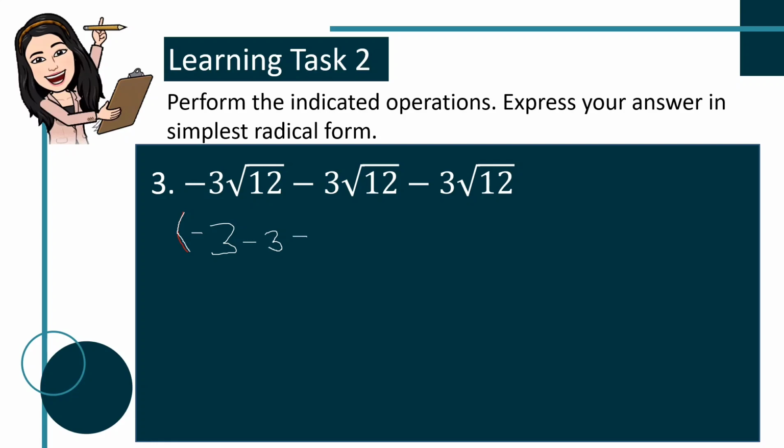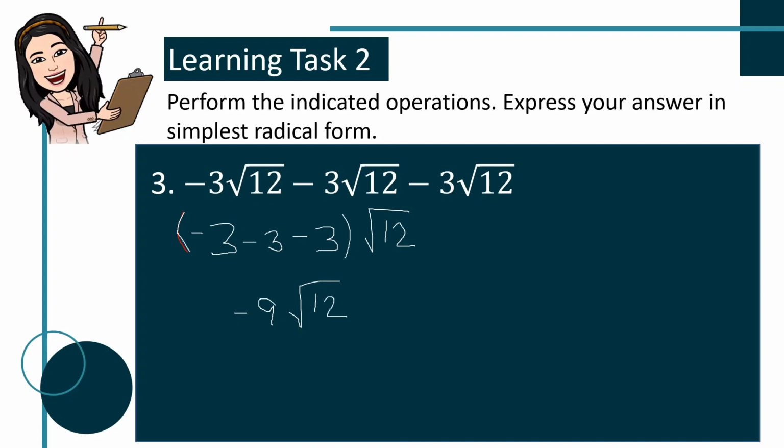Yan. So, that would be, since pare-pareho yung ating radical, kokopyahin lamang natin siya. Okay? Now, isimplify natin. What is negative 3 minus 3? Negative 6. Negative 6 minus 3, that would be negative 9. Okay? Next, copy square root of 12. So, ito na ba yung ating final answer? Okay, hindi pa po.